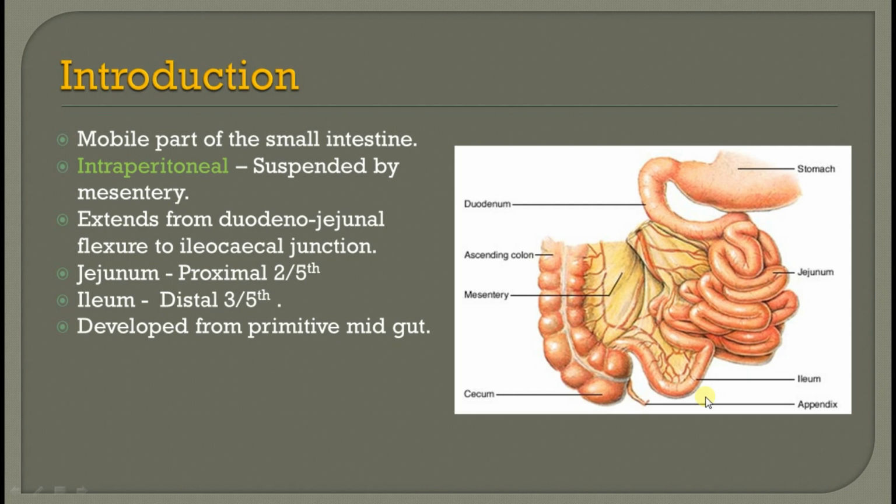It is contained within this, but we cannot strictly say so. The coils are mobile, so they move during peristaltic movement, or sometimes they come to lie in front of the ascending colon, towards the right side.